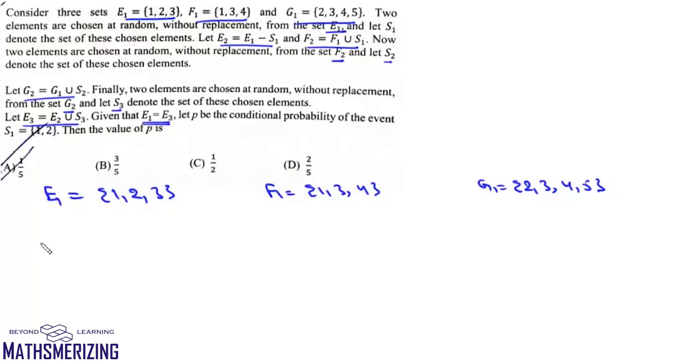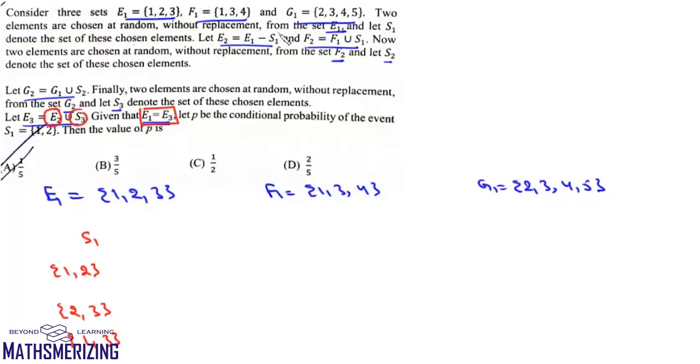Now we can choose this S1 in three ways. So this S1 can be either {1, 2} or {2, 3} or {1, 3}.